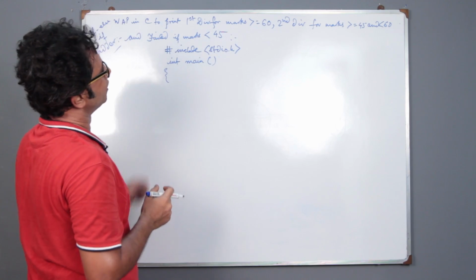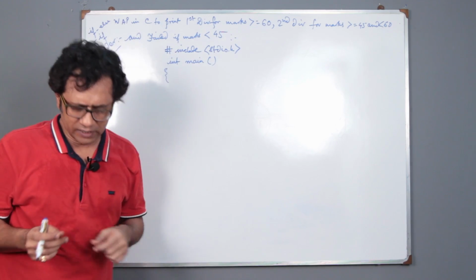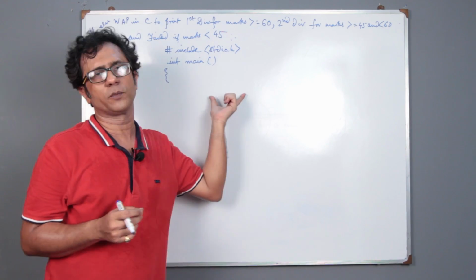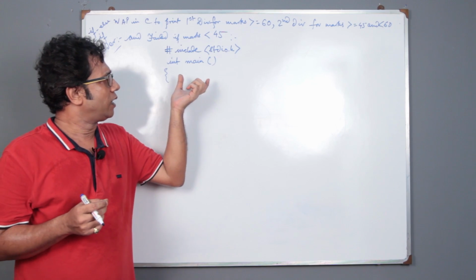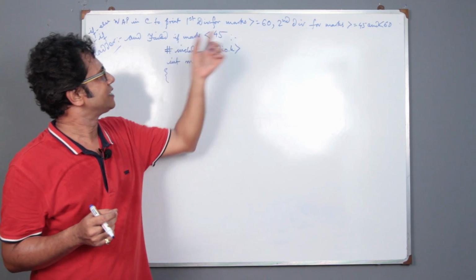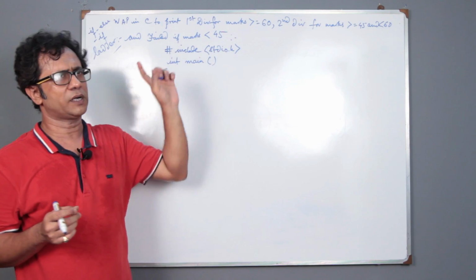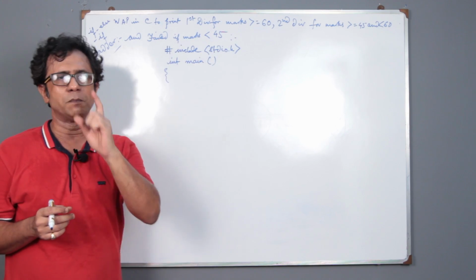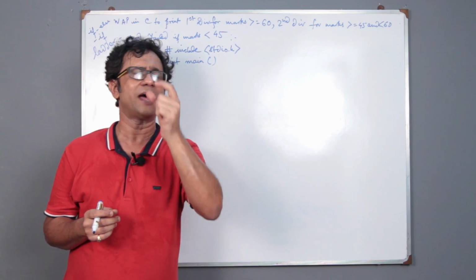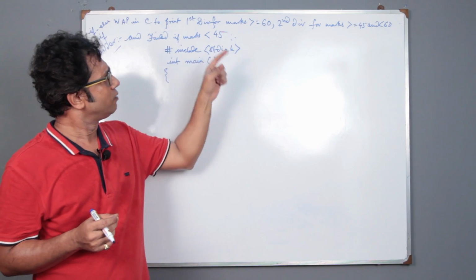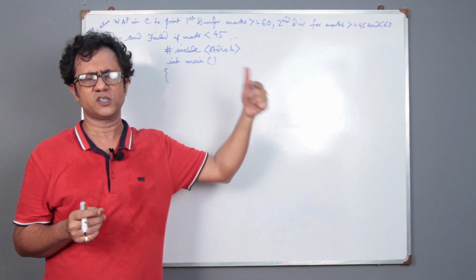Then we have to declare variables. You have to think about what input is needed for the program and how many inputs are needed. Although there are several conditions in this program, the input should be one, that is the marks. The marks will be the input from the user end, and they will vary in different cases.